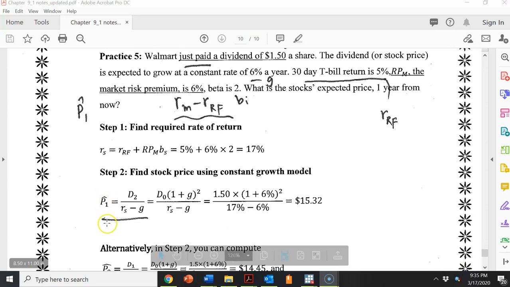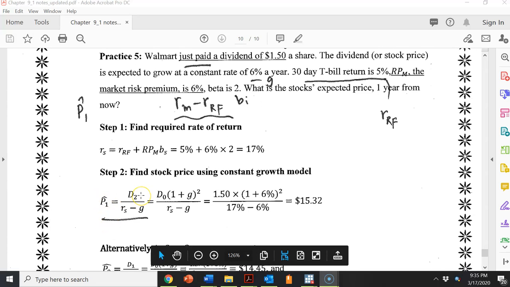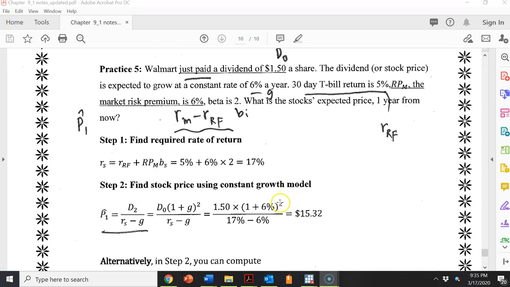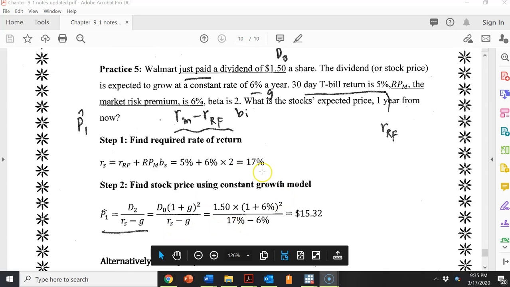For P1, it is D2 over RS minus G. And D2 equals D0 multiplied by 1 plus G squared. We know D0, just paid, is 1.5. We know G is 6%. So 1.5 times 1 plus 6% squared, over RS, 17%, minus G, 6%. We have P1 as 15.32.